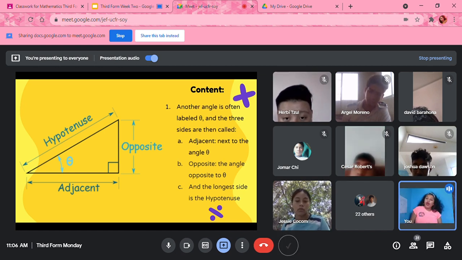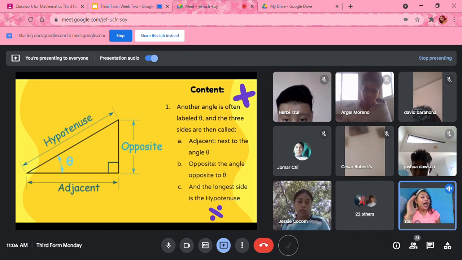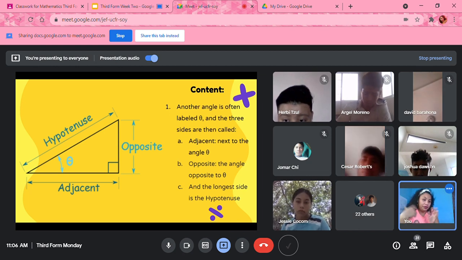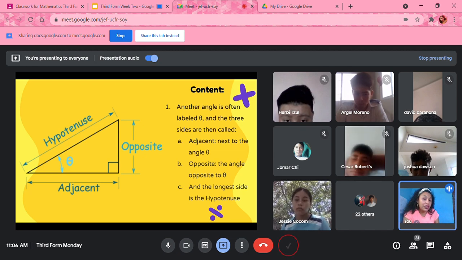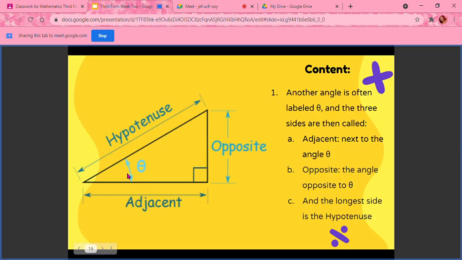So when we go back to the sides of the triangle, the only one that does not change is the hypotenuse. The opposite and the adjacent, depending on your question, they switch sides. But how do you know where it's going to be? First, you need to label the theta. You need to find where the theta is in your triangle.